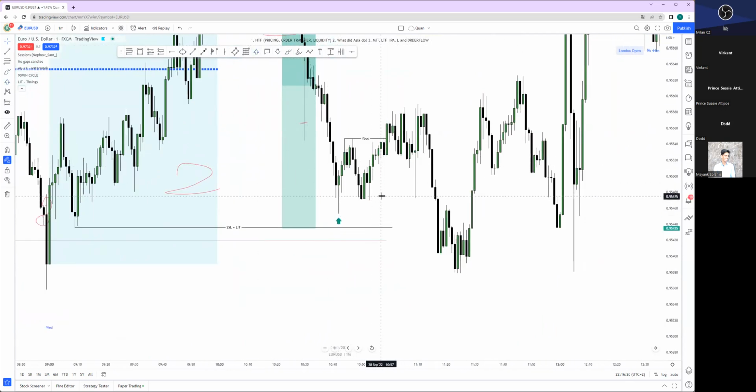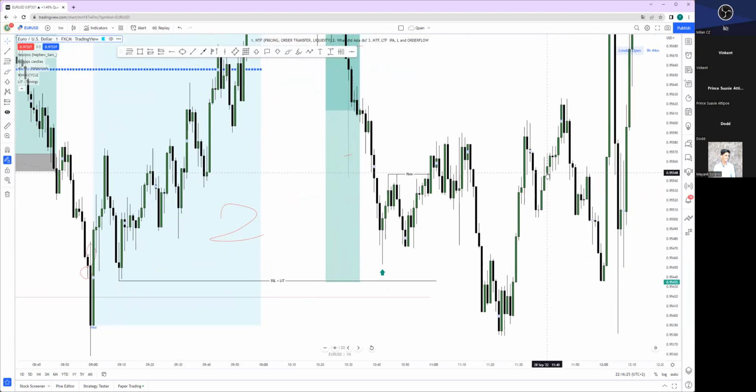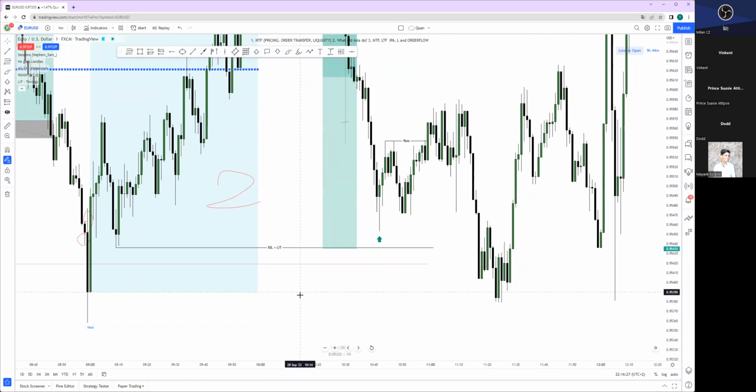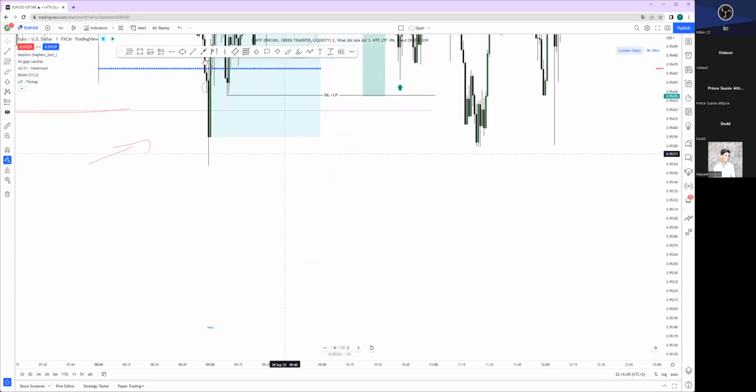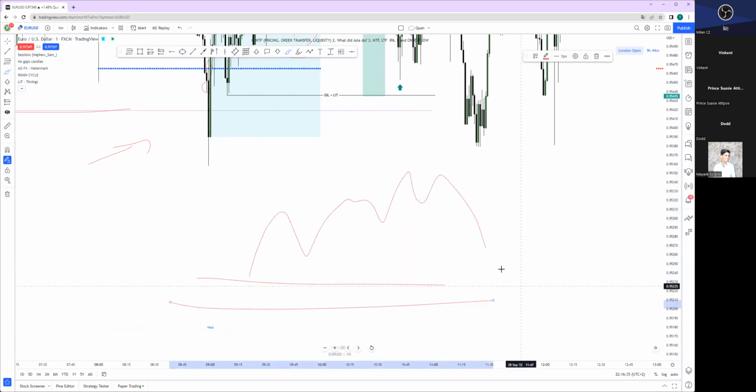I don't know how many videos of me backtesting you have seen, or if you've been there. Always when price is near a POI, for example, let's do this. There's a POI here. Price will always have a reaction here, like a fake break of structure or anything like that.